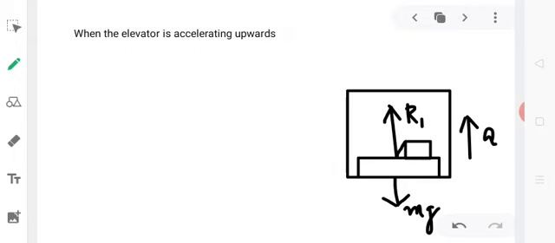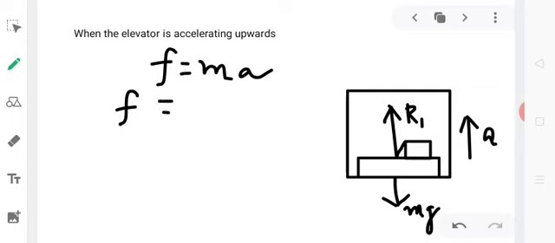When the elevator is accelerating upwards, suppose uniform upward acceleration of the person in the lift is given by a, as you can see in the picture. Net upward force on the person F will be equal to m into a, where m is the mass of the person. As is clear from the figure, F is equal to R1 minus mg.